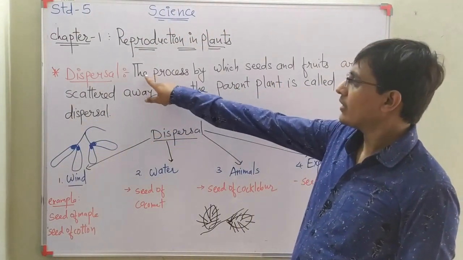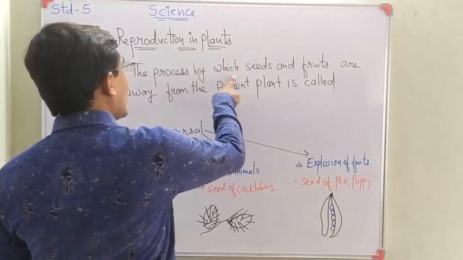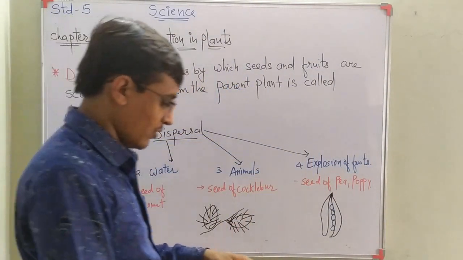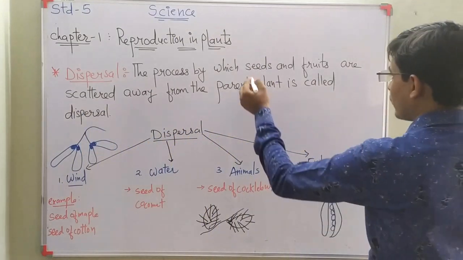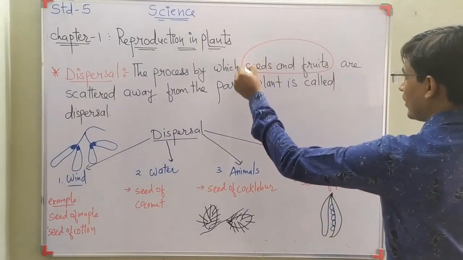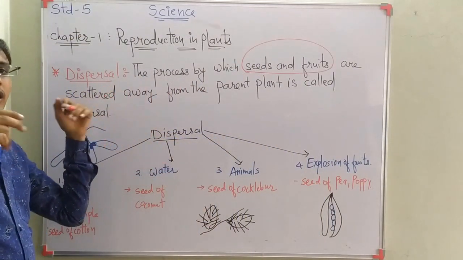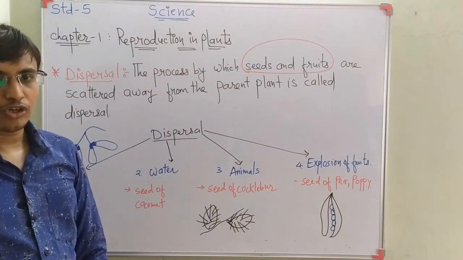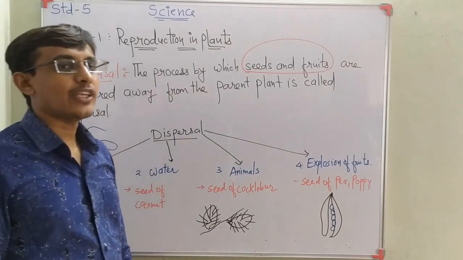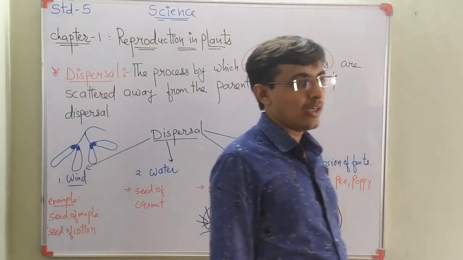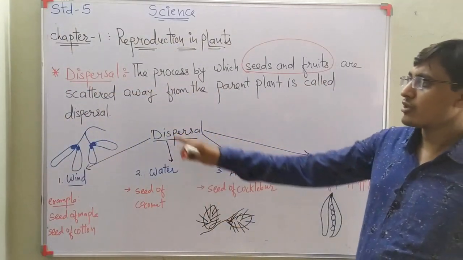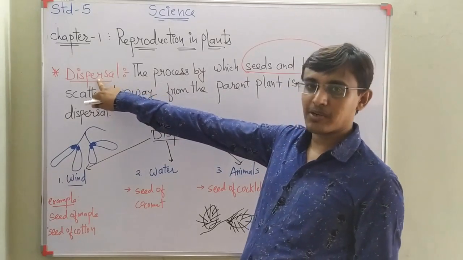So the definition is: the process by which the seeds and the fruits are scattered away from the parent plants is called dispersal of the seed. If in a test some question is asked, what is meant by dispersal of seed?